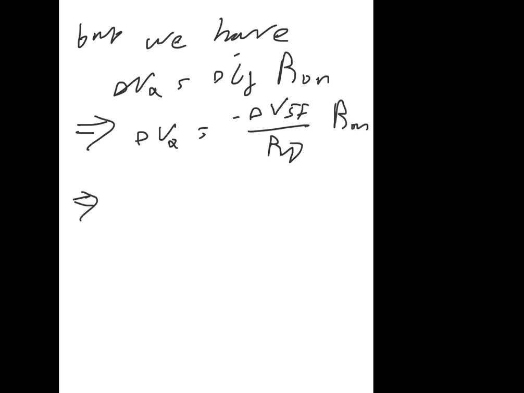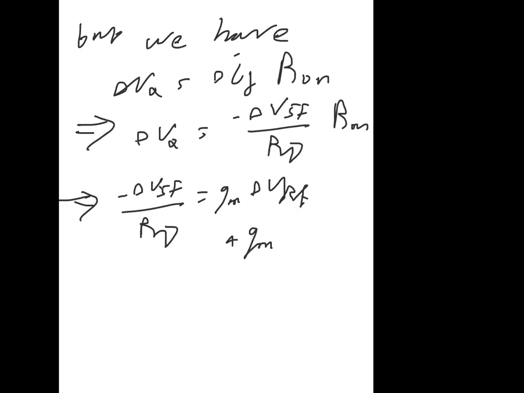As equations, it's coming as minus delta VIF over RD is equal to GM times delta VRF minus plus GM times delta VIF over RD times R on.